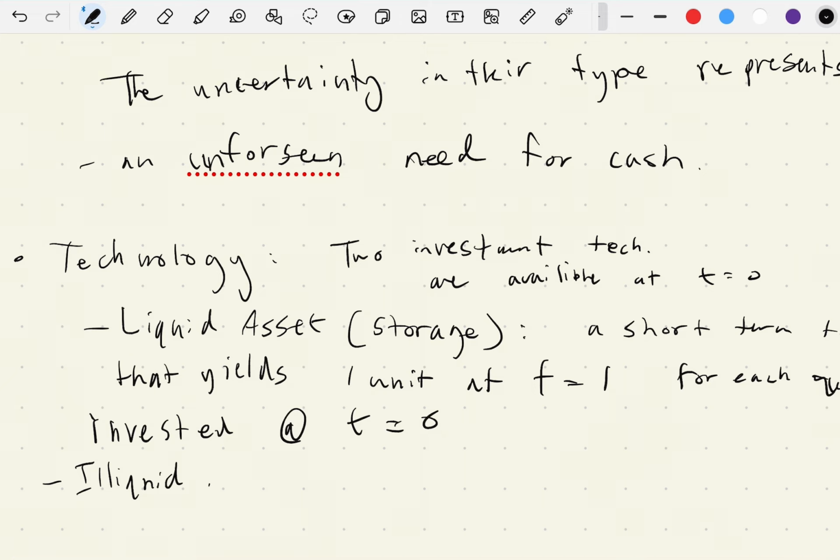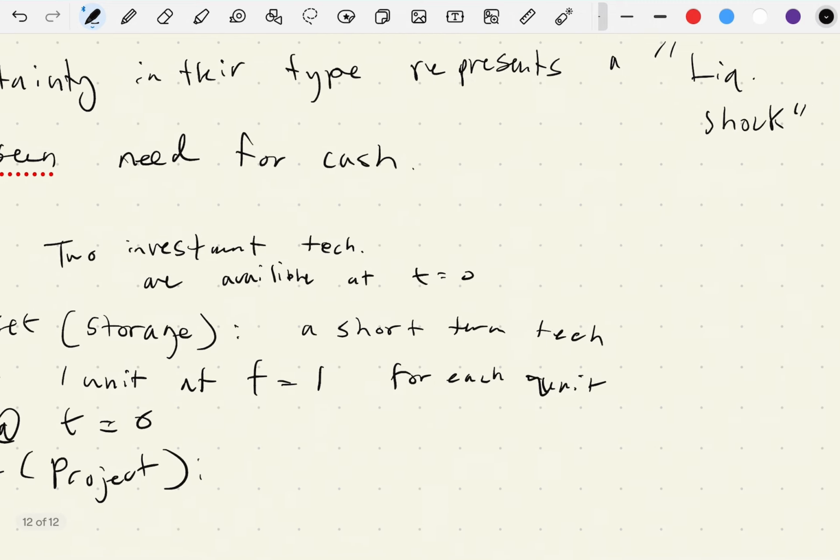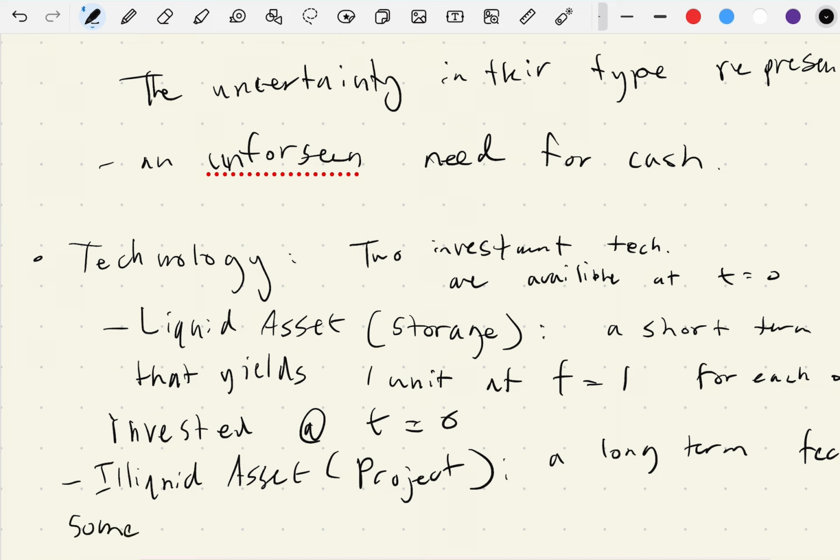And then an illiquid asset, we can think of this as a project, some kind of undertaking. All right? This illiquid is a long-term technology that yields some high return.